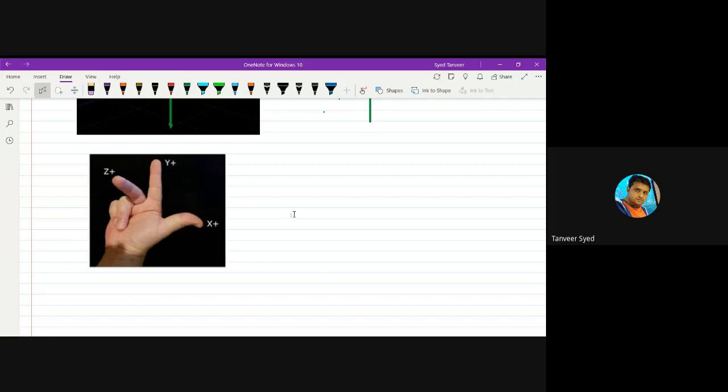Put your thumb, forefinger and middle finger of the right hand like this. And put your hand such that your middle finger is pointing towards you. Then your thumb represents the X direction, forefinger represents the Y direction, middle finger represents the Z direction.